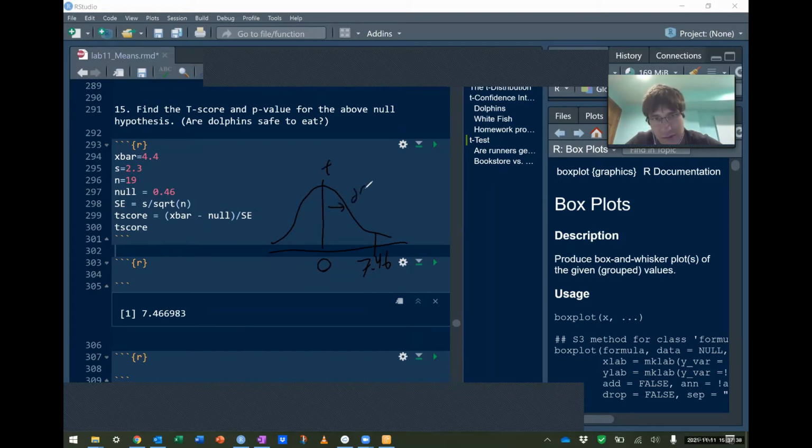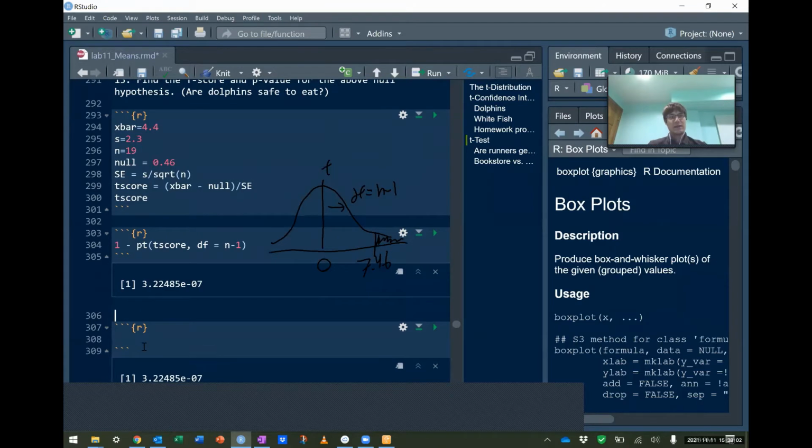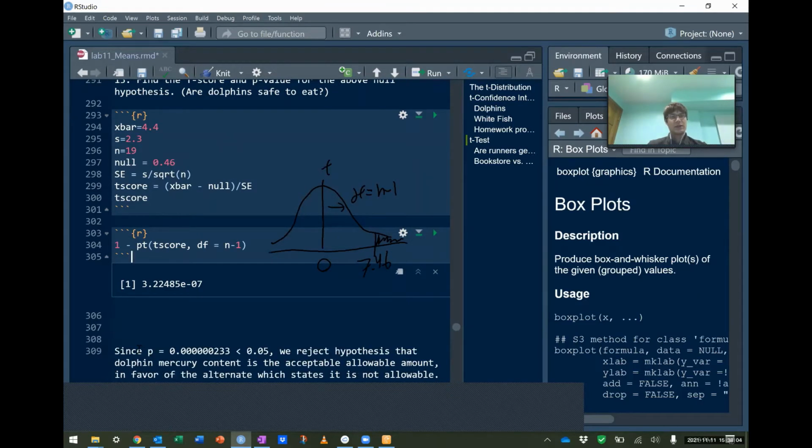We have degrees of freedom n minus 1. So we're finding the probability of observing something greater than what we did. So it's that. Okay, so that's something y'all can do now. And then check it with what I'm getting here. All right. So that's my p-value for the situation.